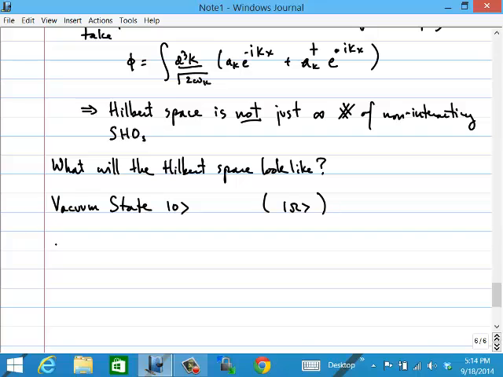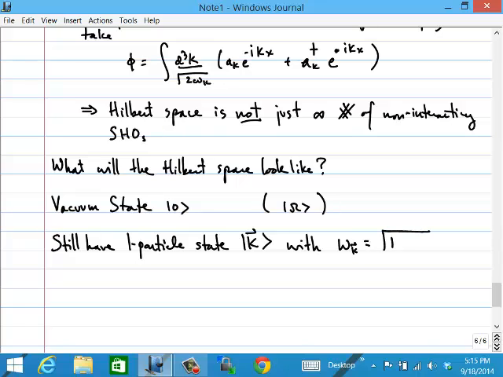And we still want one particle states, so we should still have states describing a single particle that will be labeled by some momentum k, with an energy that's given by the square root of k squared plus m squared for some value of m.